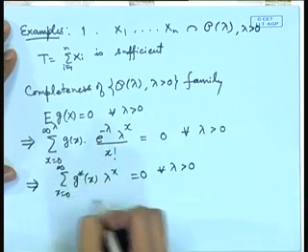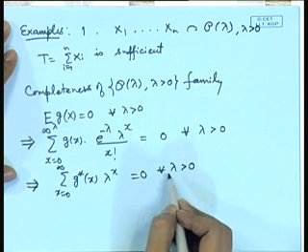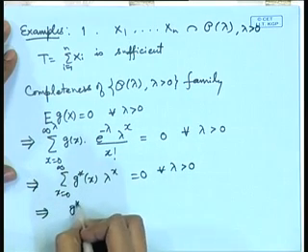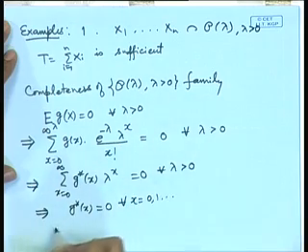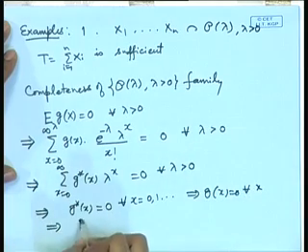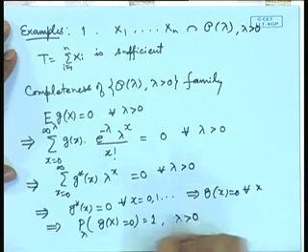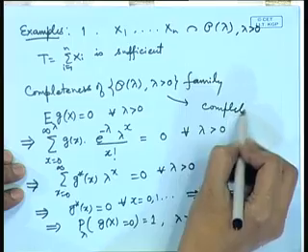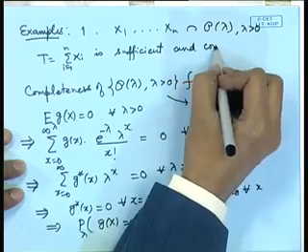Now, the left hand side is a power series in lambda, and we are saying that it is identically 0 on the positive half of the real line. That is possible only if g star itself is 0, that means all the coefficients must be 0, which is equivalent to saying that g(x) is 0 for all x, which implies that probability that g(X) is 0 is 1 for all lambda. So, that means this family is complete. So, this means that sigma X_i is sufficient as well as complete.